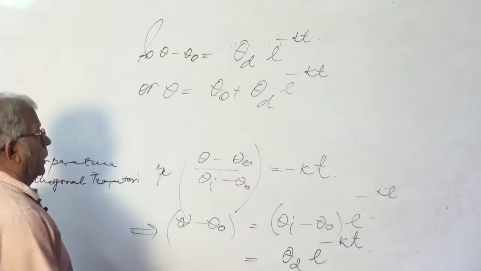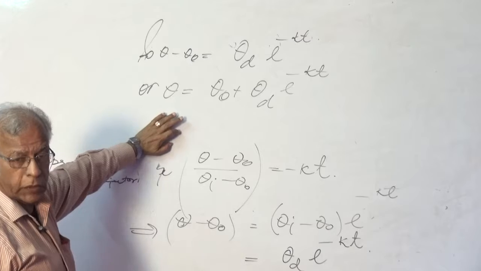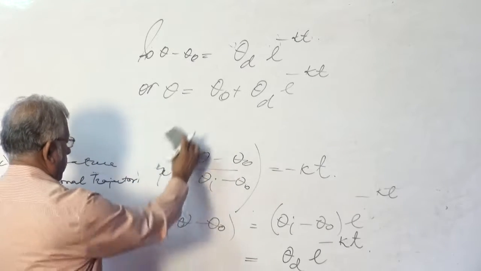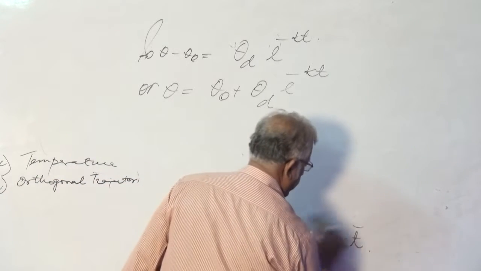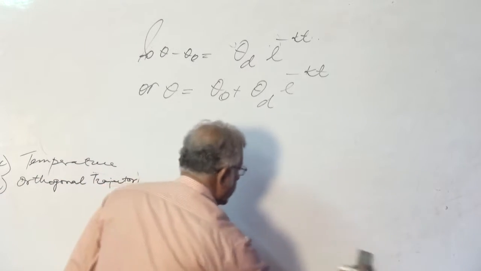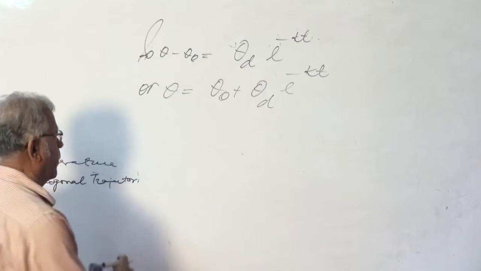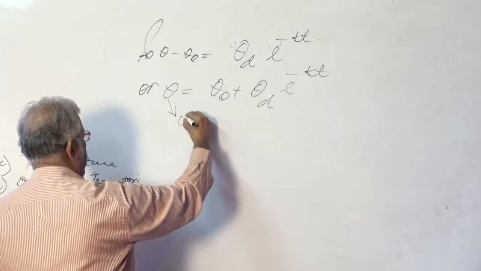Now the question is, should we believe this result? That's very important, whether we should believe this result at all or not. The answer is in the fact that if we take a limit of this as t tends to infinity, one must appreciate that this theta is actually nothing but theta as a function of time.